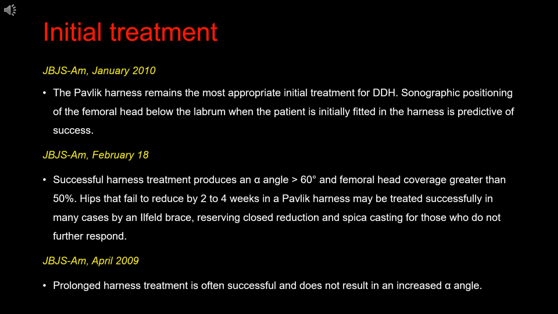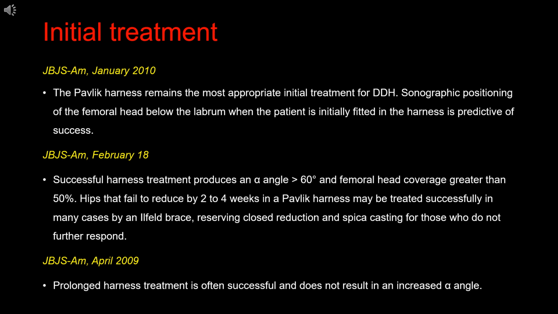Initial treatment. The Pavlik harness remains the most appropriate initial treatment for DDH. Sonographic positioning of the femoral head below the labrum when the patient is initially fitted in the harness is predictive of success. Successful harness treatment produces an alpha angle of more than 60 degrees and femoral head coverage greater than 50%.